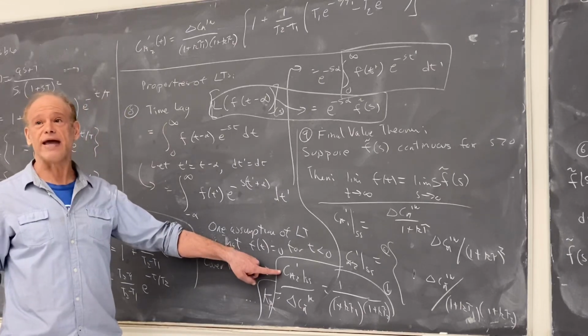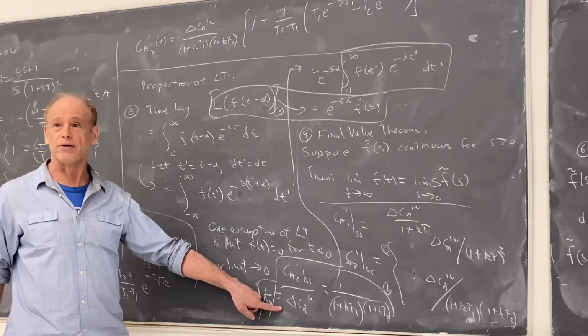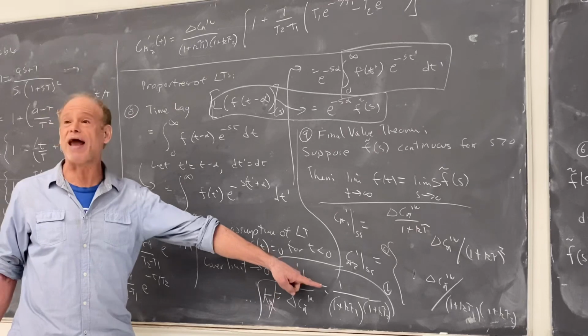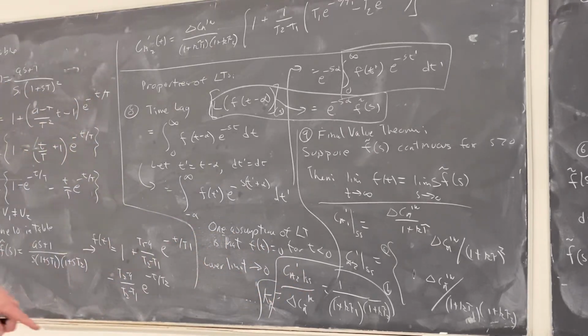It's the change in the output over the change in the input. And I get it directly from the Laplace transform without having to invert. I'm trying to get you to like Laplace transforms. Laplace transforms are your friend.